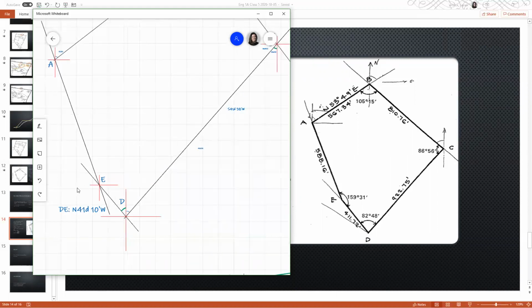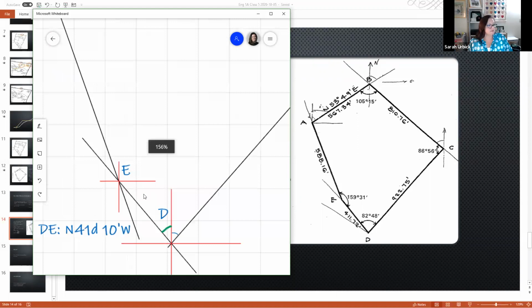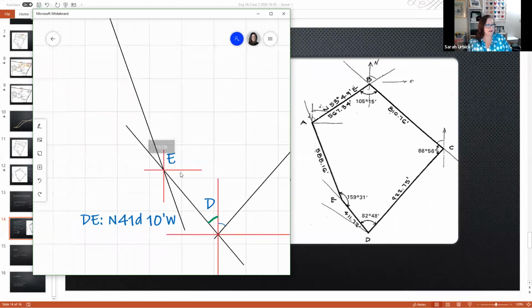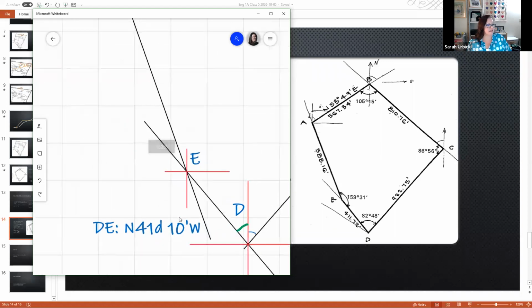Let's get rid of that. Similarly, now we're looking at D or E towards A. So what would the bearing of that line be? So that's 41.64. What angle do we ultimately want to find in order to determine the bearing?